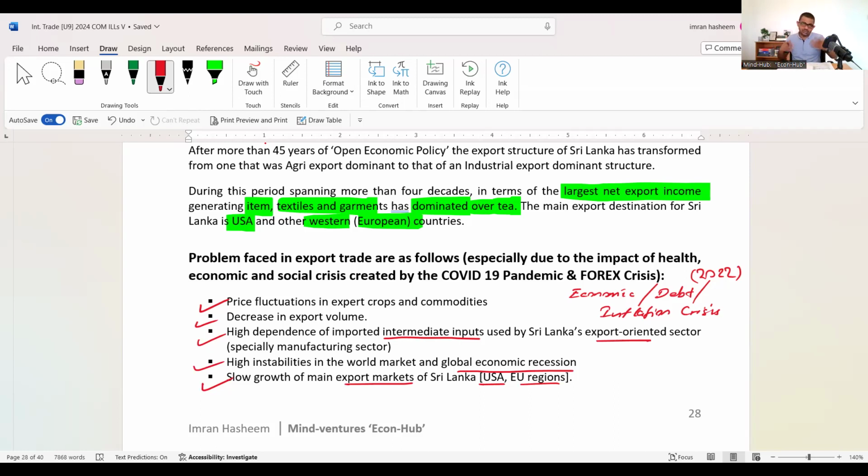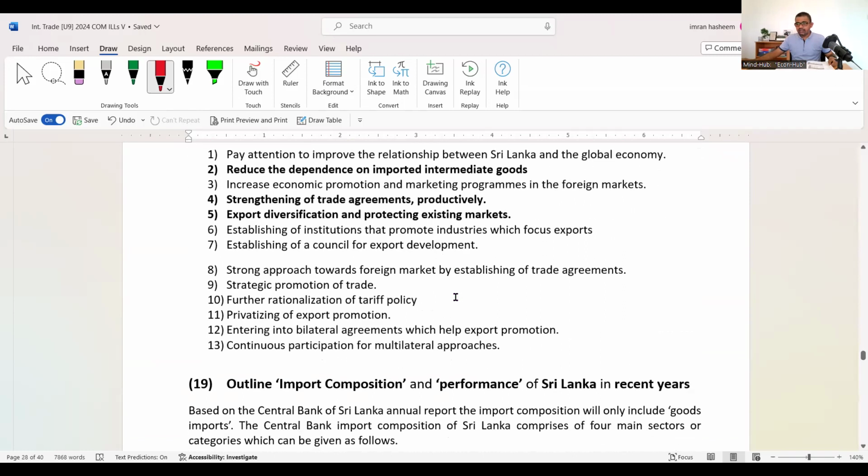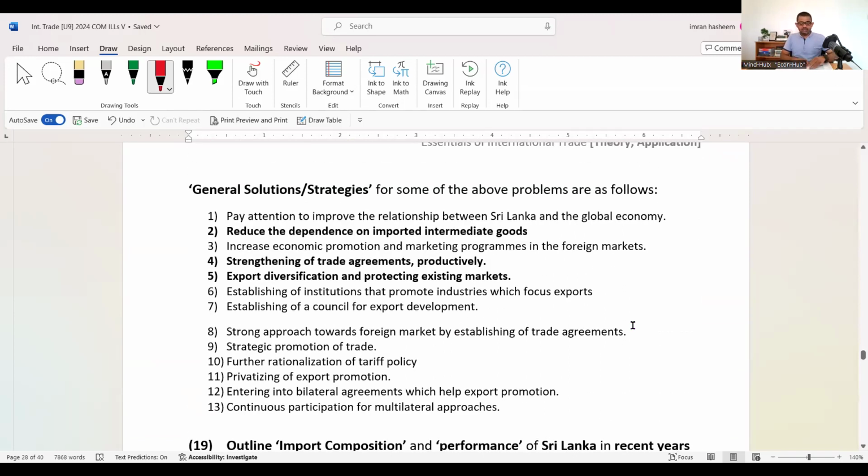It didn't fully collapse, but many small and medium scale export-oriented factories, manufacturers and producers actually went bankrupt and closed down their activities. Right. Now, yes, we clearly have a problem in our export sector.